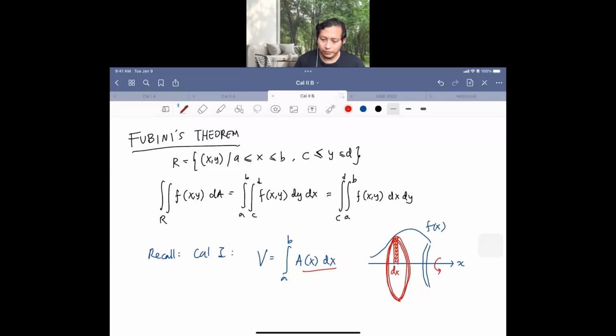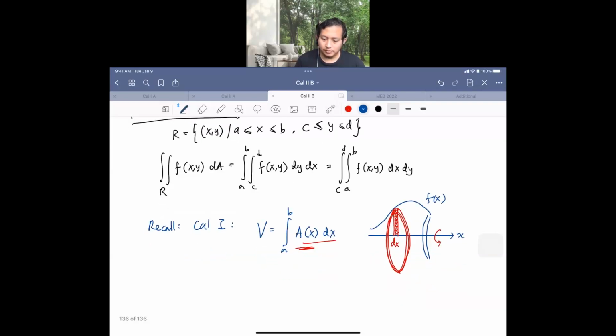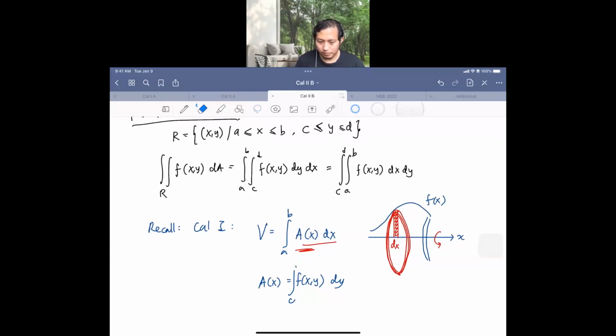Now, if we exchange this A into our function of xy, then we can write the area in a more intuitive way like this. Maybe let me write it a little bit lower here, more clearly.